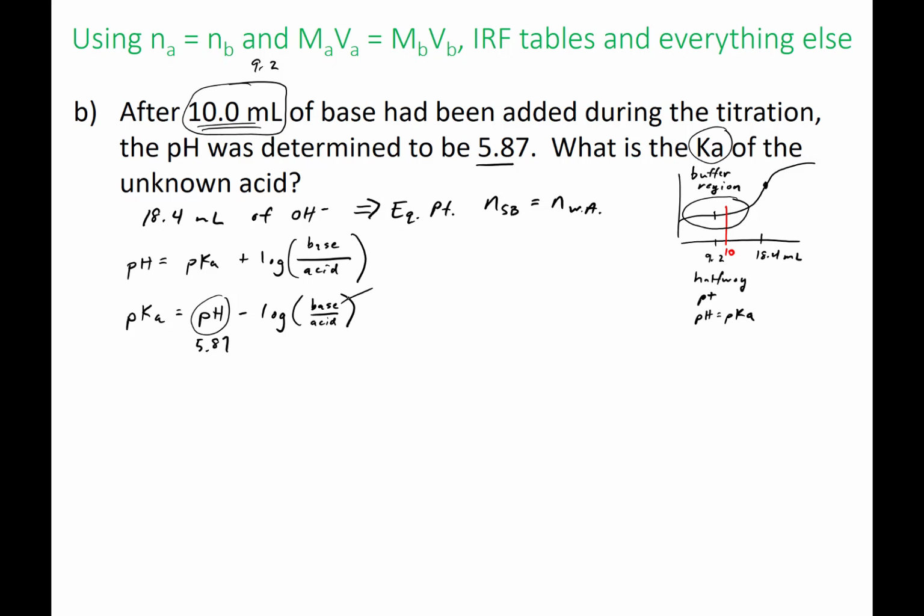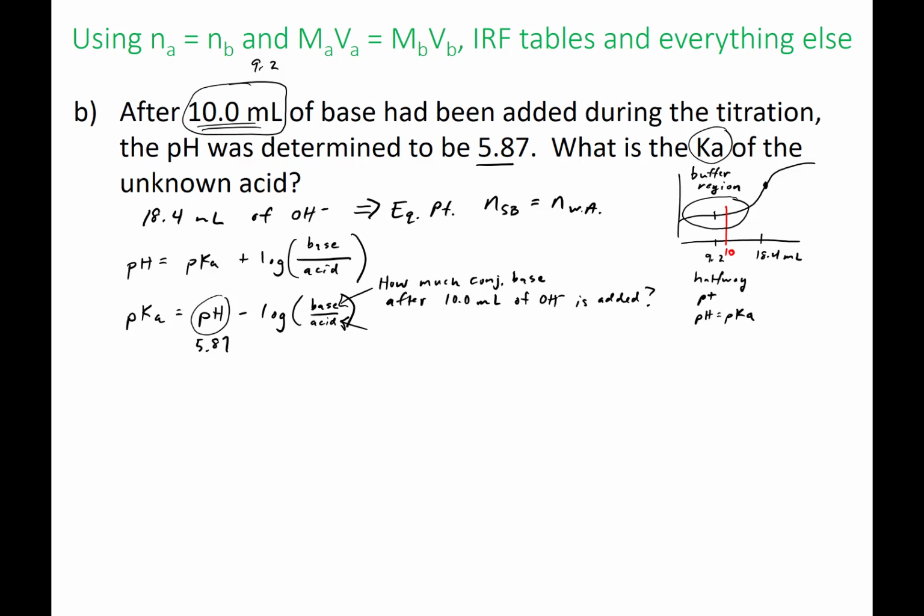And we've done enough buffer problems to tell that if we can figure out these numbers, we're done with the problem. The base is how much conjugate base there is after 10 milliliters of OH is added.